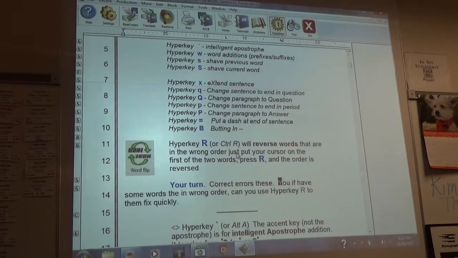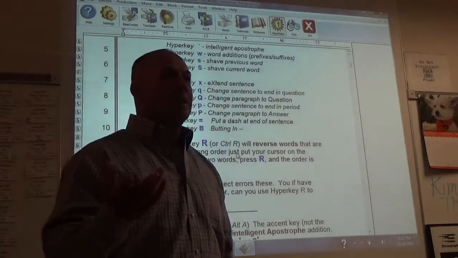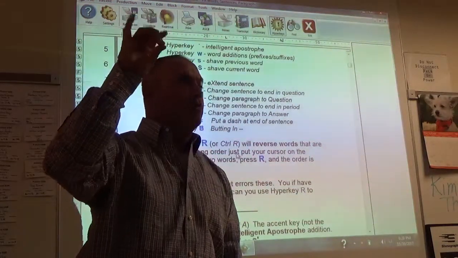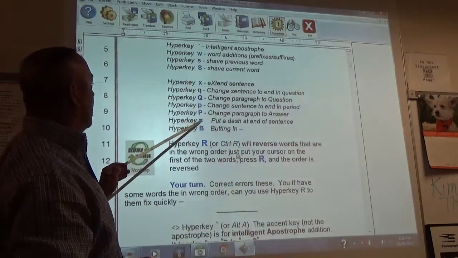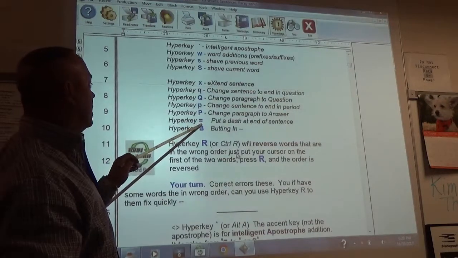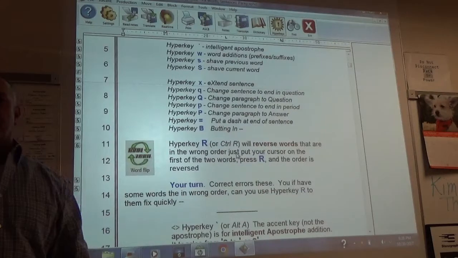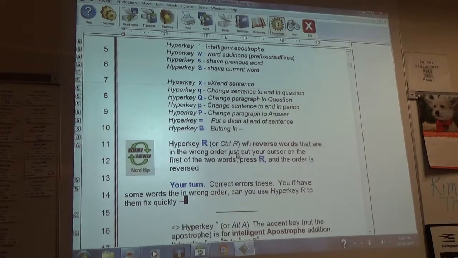Whoops, maybe not. I'm sorry, guys. It's not the dash, it's the plus equal. I told you guys dash and it's not. To put a dash at the end of the sentence is the plus equal. Okay? And you can be anywhere in that sentence.